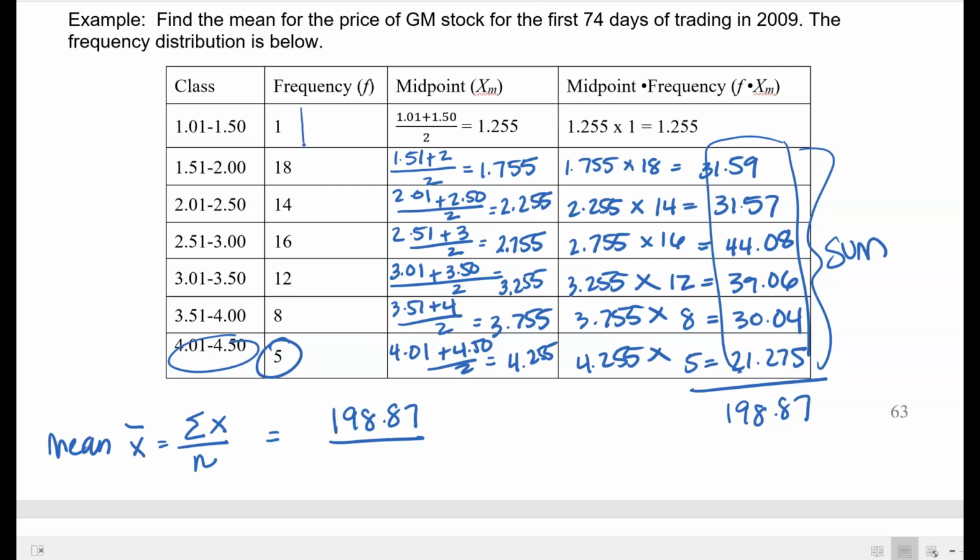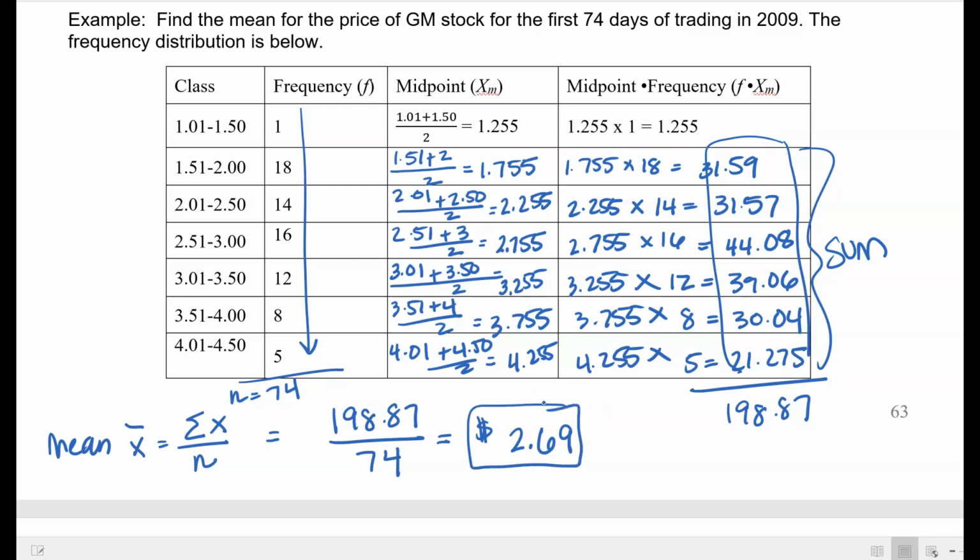Well, the frequency column tells us the number in each class. So if we add up all of those numbers in the frequency column, that will give us our n. And if we do that, we get 74. That's the total number of values we have. So if we take 198.87 and divide by 74, we get, if we round to 2 decimal places, 2.69.